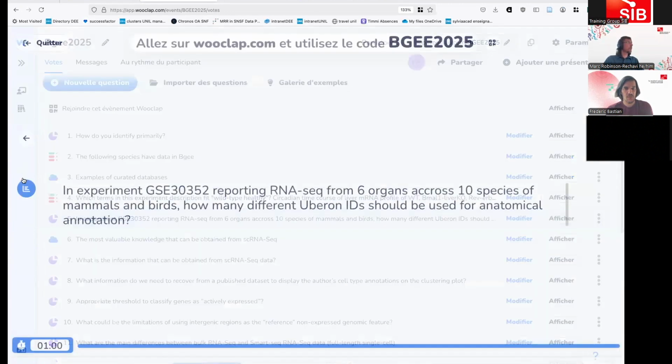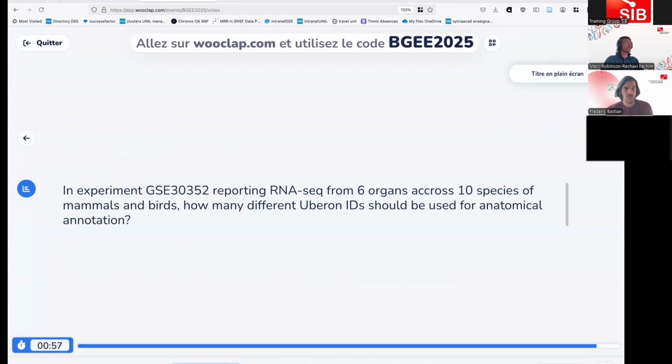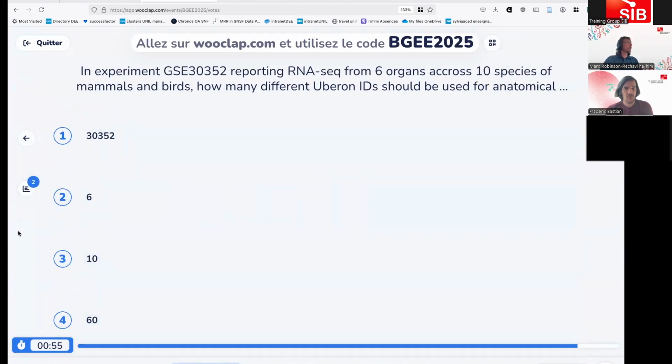Vote. So 6 organs, 10 species. How many different Uberon IDs? In experiment GSC 3352. So how many different ontology terms of anatomy do we need to describe the data in this experiment?